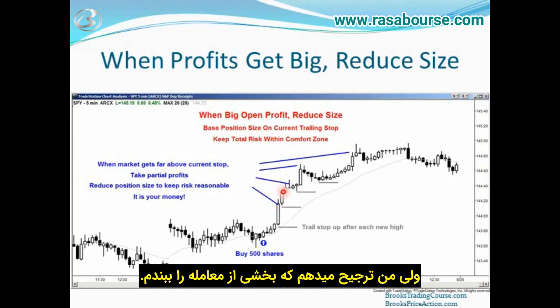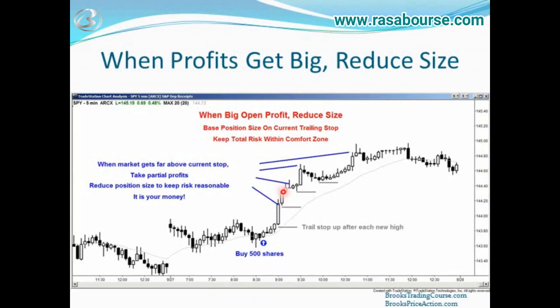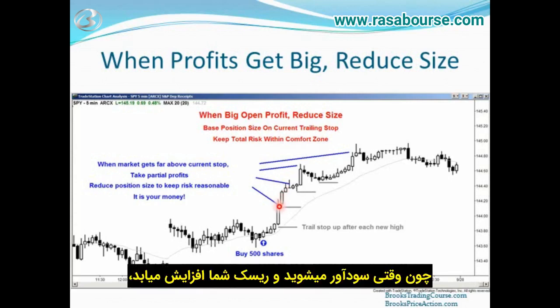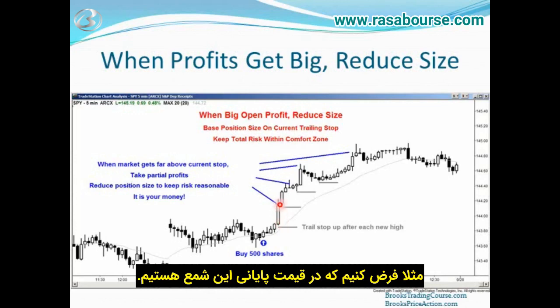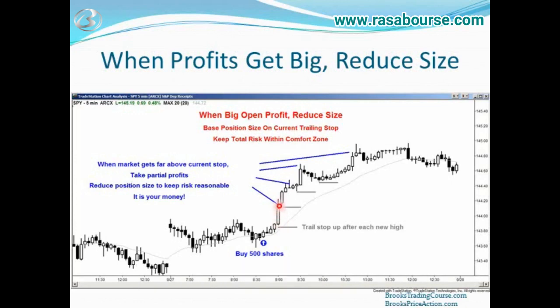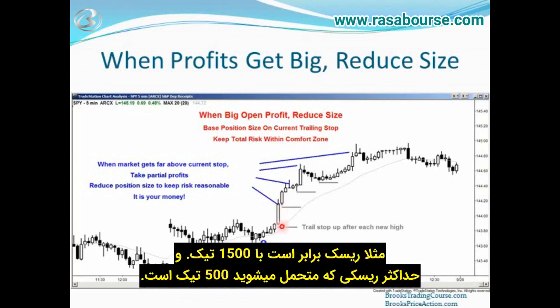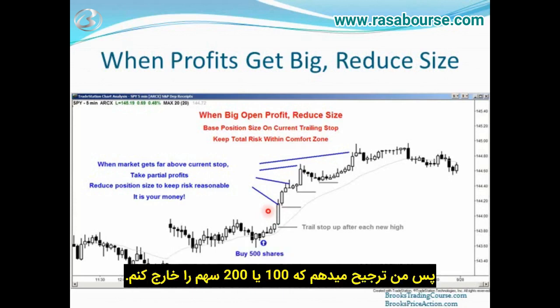I would still rather take some off, because when you have a profit and your risk is getting big, it's always better to take some off because you don't want to take a chance of giving it all back. So let's say at the close of this bar, your stop is here, and that comes out to a risk of, I don't know, 1,500 ticks, and your normal maximum is 500. I would take 100 or 200 shares off.